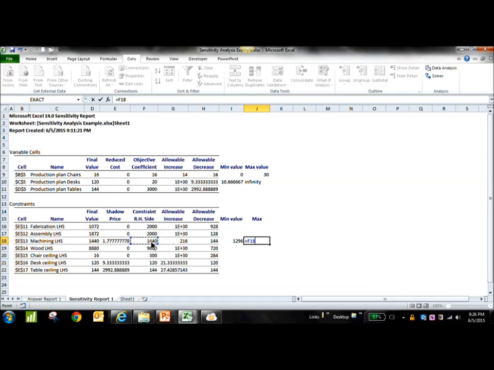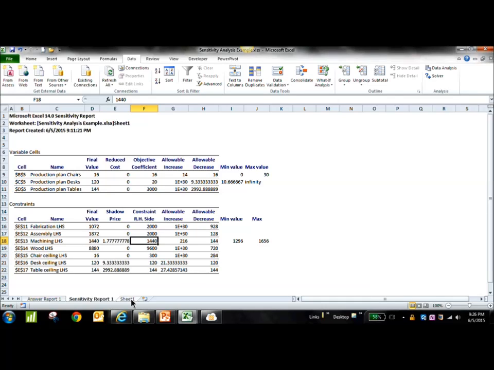For my max value, I'm going to take this plus the allowable increase. Now this is my range, min value and max value. It can vary between 1296 and 1656. As long as this constraint varies within this range, we're going to have an incremental increase of 1.77 on the objective function.